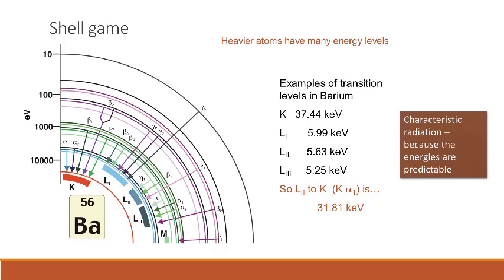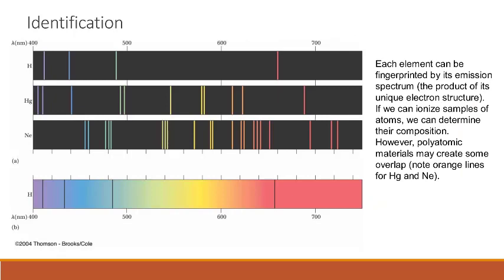We will receive characteristic radiation, predictable energies, when electrons move from higher energy states to lower ones. Therefore, each element has a fingerprint, if you will, an emission spectra or fluorescence spectra that identifies it based on its electron structure and the way those electrons move from one energy to another.